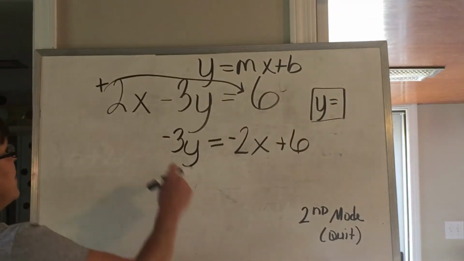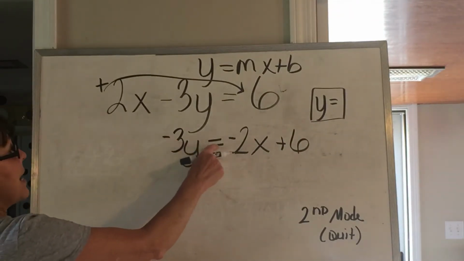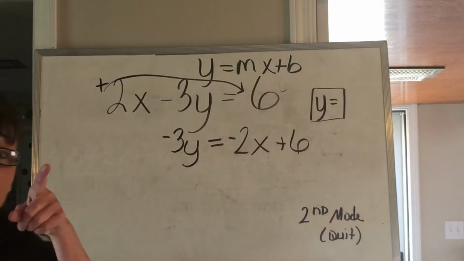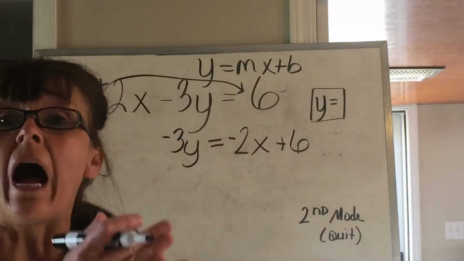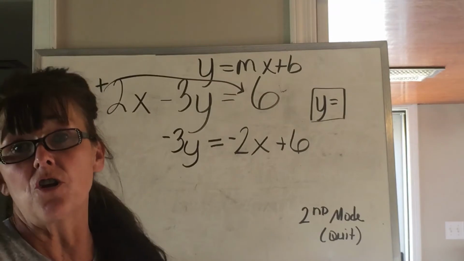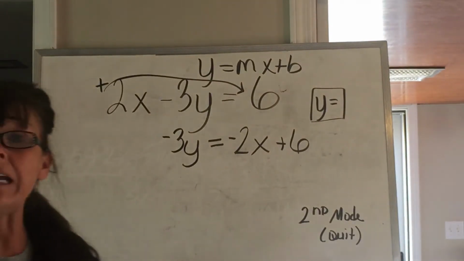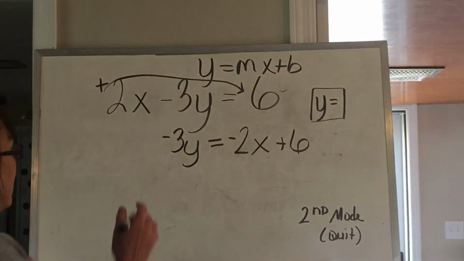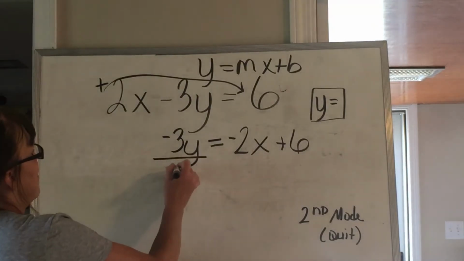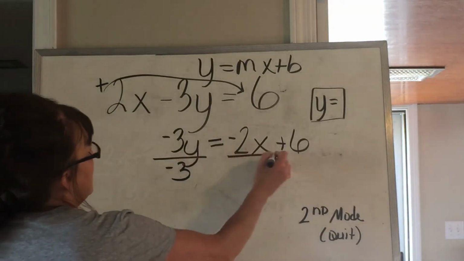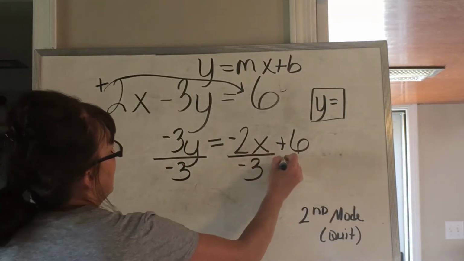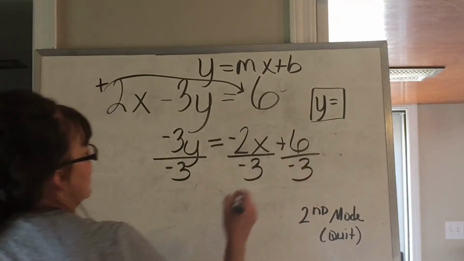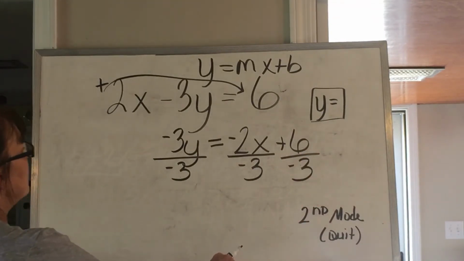Now, this is -3y equal, and you can't have that. You have to have plain old y equal. So you're going to get rid of the -3 by dividing by it. So you're going to divide by -3, and divide this one by -3, and divide that by -3.